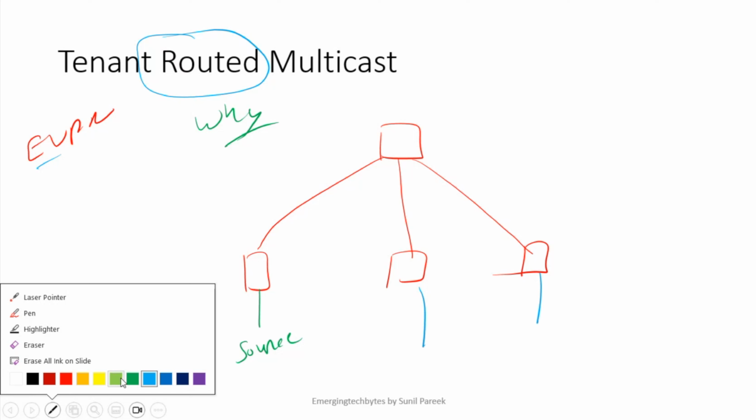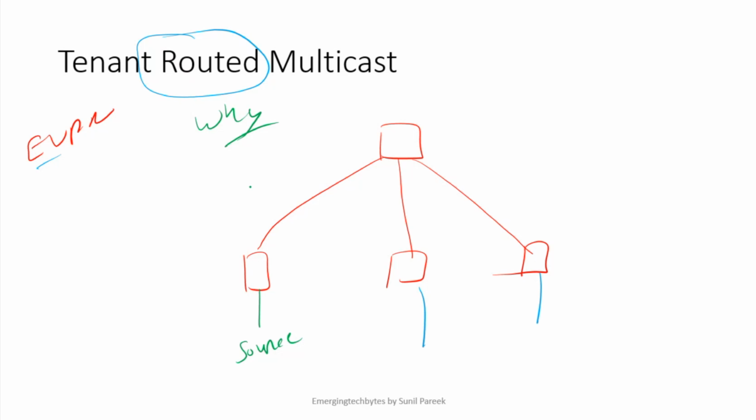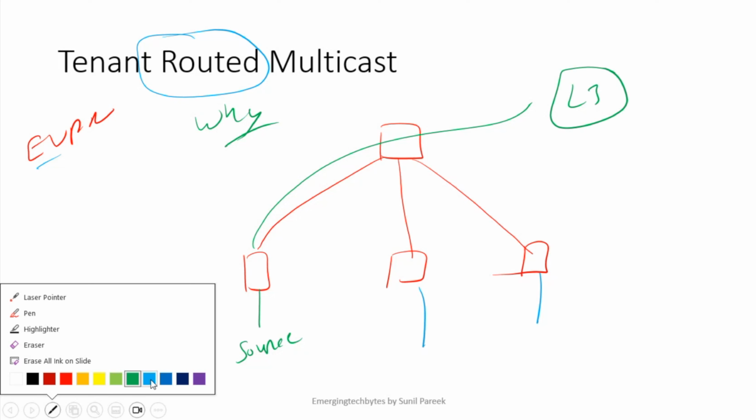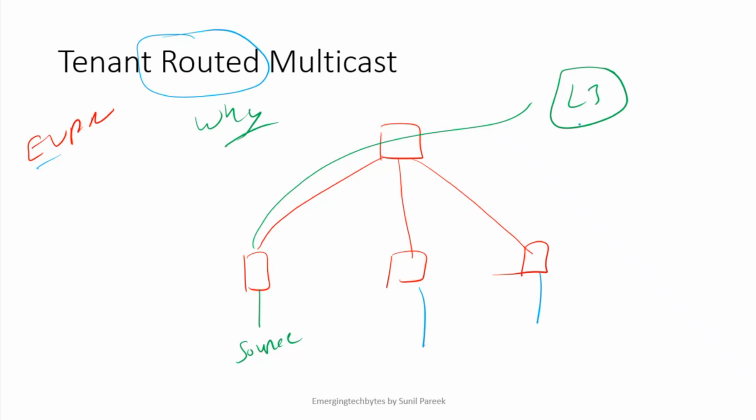So in the worst case, you send this traffic out somewhere to an L3 device, and then that L3 device does the routing and sends it back to you. But as you can see, this is inefficient. Why?